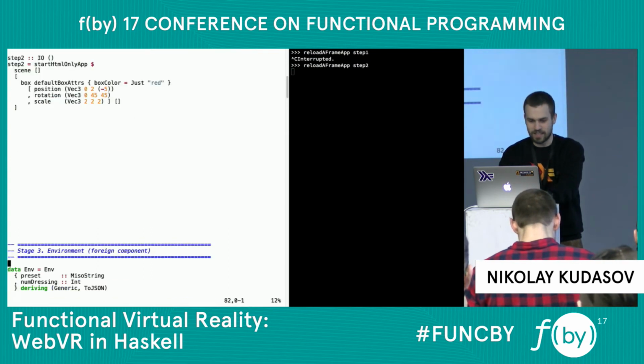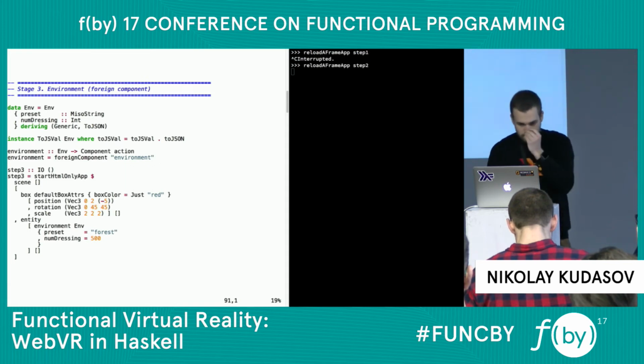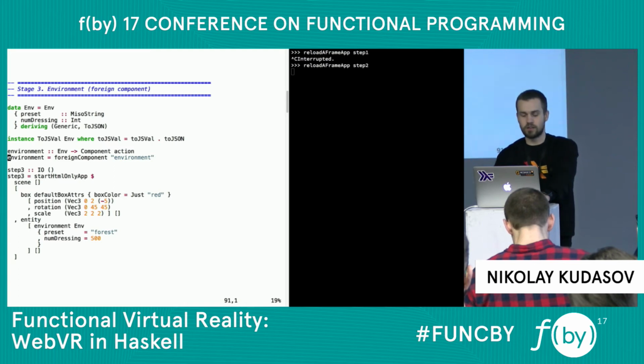Okay, so the next step is actually, I find, the most interesting one. The next step is defining a foreign component. So there is a foreign component called environment that is located elsewhere, not in the basic AFrame components.